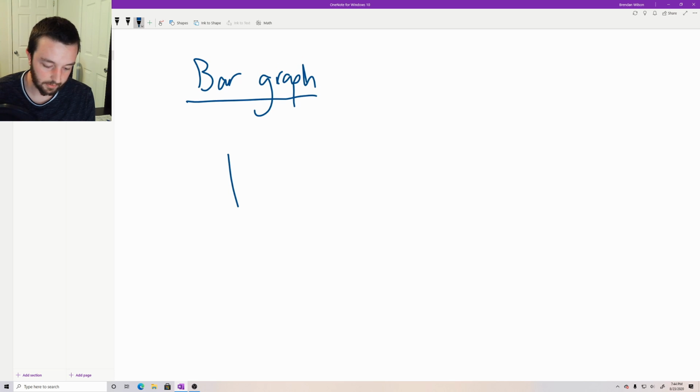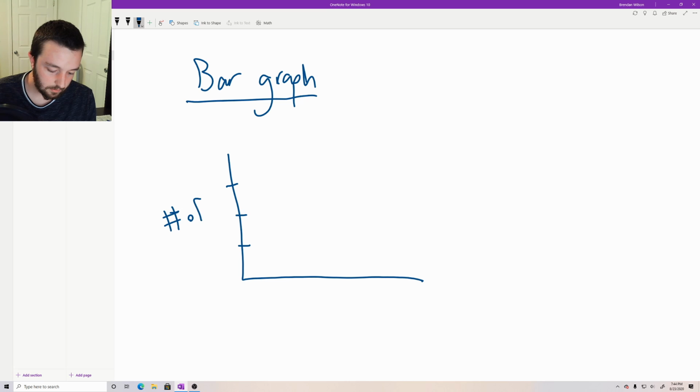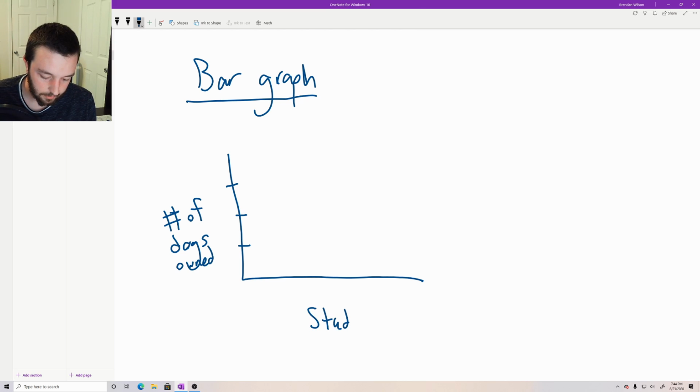I kind of left it off there, but with the bar graph, let's go back to the number of dogs. On this side right here, this is the number of dogs owned. And here was the student, so we had student A, student B, student C, etc.